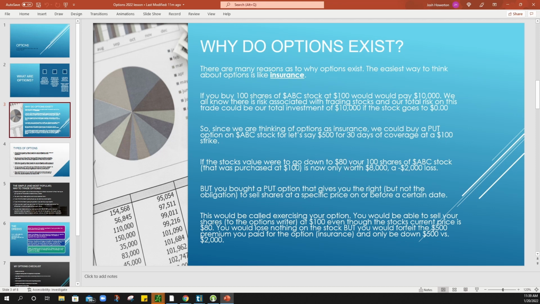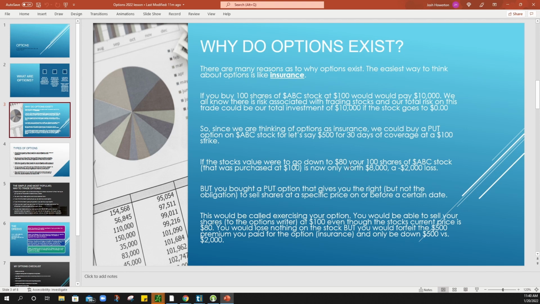So again, we've got to think of options as insurance. So we could buy that put option on Tesla for, let's say, $500. That would give you 30 days of coverage. And you're going to buy that policy, right? That policy is going to be for $100 a share because that's what you bought Tesla at, which would be a $100 strike.